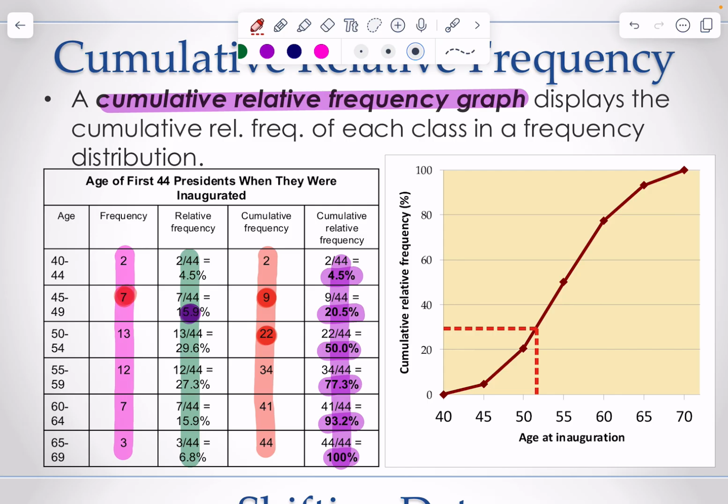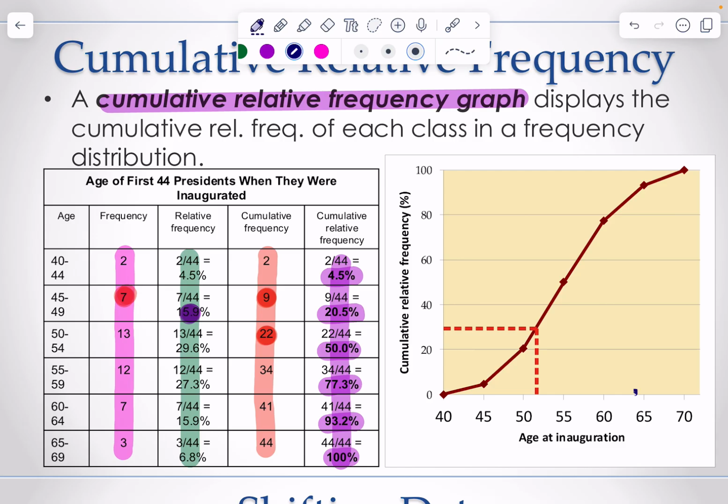So if I had a president that was 52 years old when they were inaugurated, they would represent approximately the 30th percentile of our data set. Or they might say this particular president was inaugurated when they were 64 years old. And so they want to know what percentile would that represent. So if I do 64, this time I'm starting on the x-axis because I'm looking at the actual age.